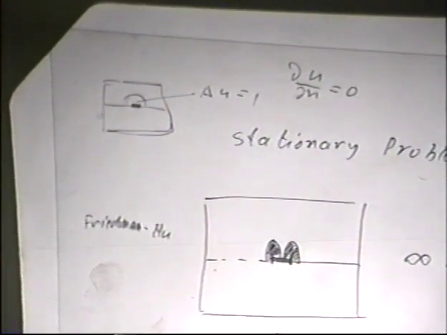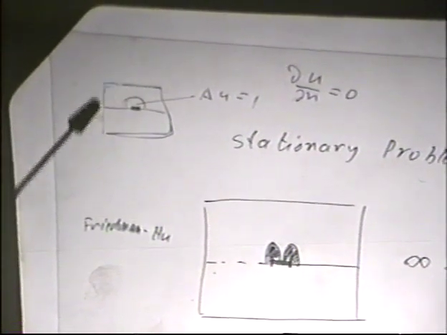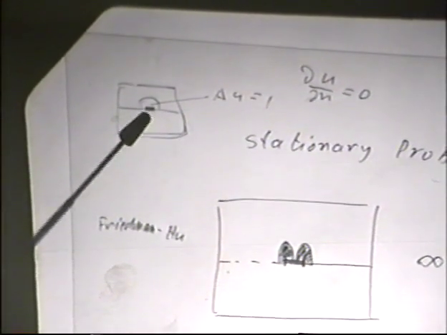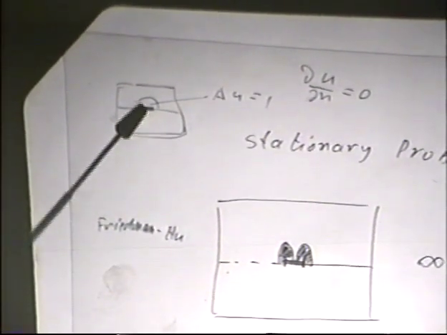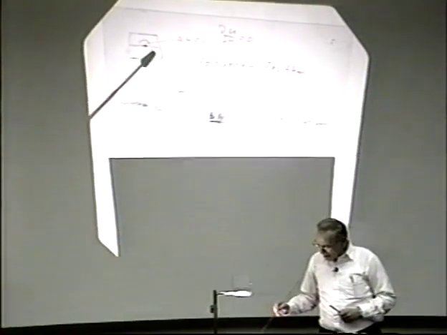Can you find a function which is harmonic outside, inside the Laplacian of u is 1, a little thing here, the normal derivative has a jump, and on this boundary the normal derivative of u is 0.